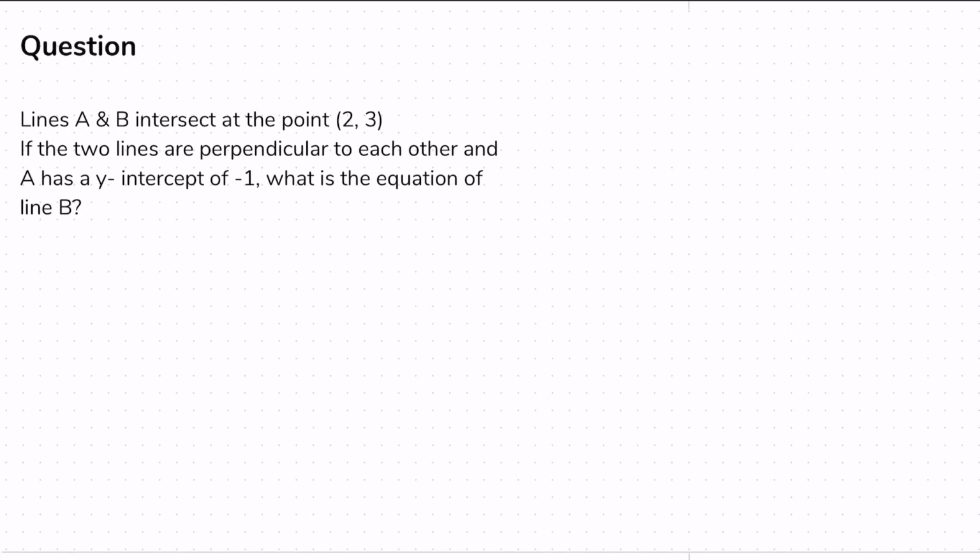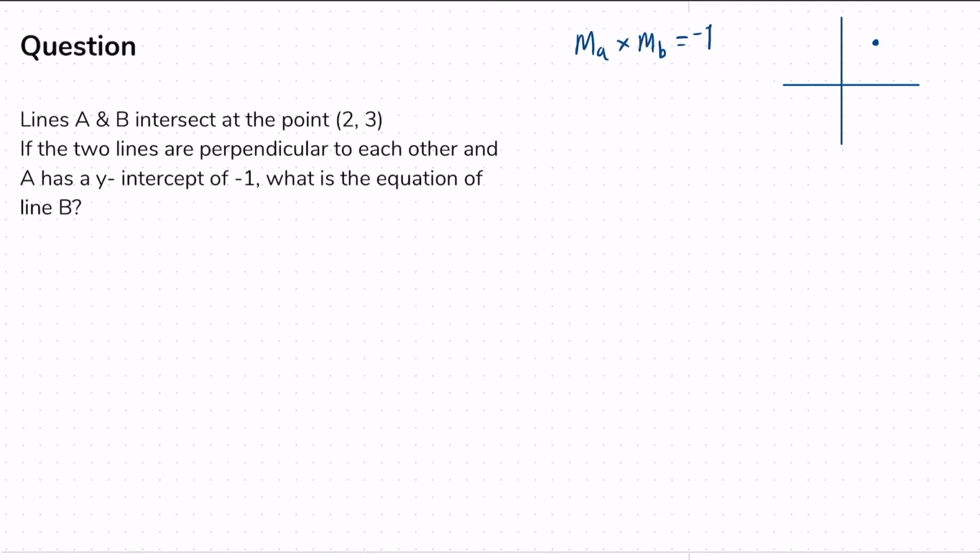Now in this next question, we're going to take into account our point of intersection and, because they're perpendicular, the relationship between the gradients. The gradient of A multiplied by the gradient of B is equal to -1. We can draw an approximation of what's going on because these two lines intersect around 2, 3.